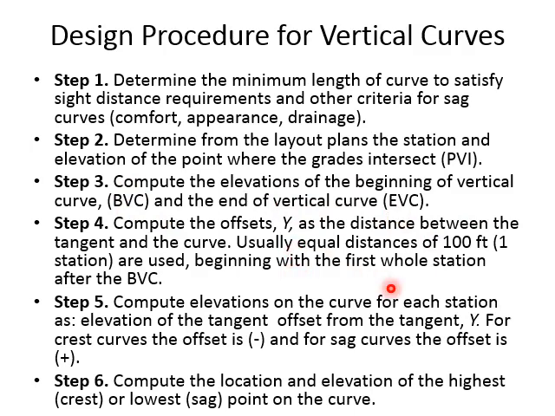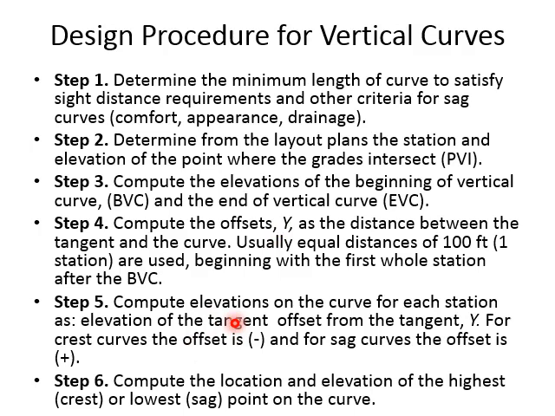Then find out offsets, and you find out the elevation. First of all, find out the offsets at equal stations from BVC. So from BVC, after BVC at each station, 100 feet or 30 meters, whatever units you are following, find out offsets, the difference between the gradient and the curve, and then using the offset you will find out the elevations.